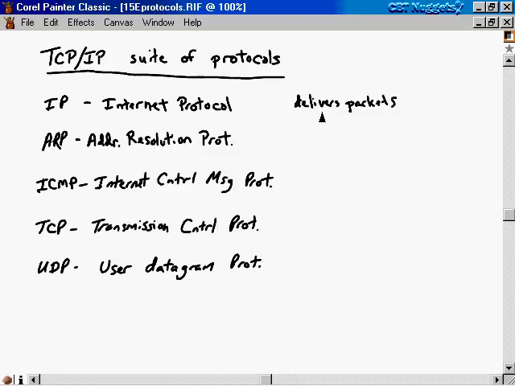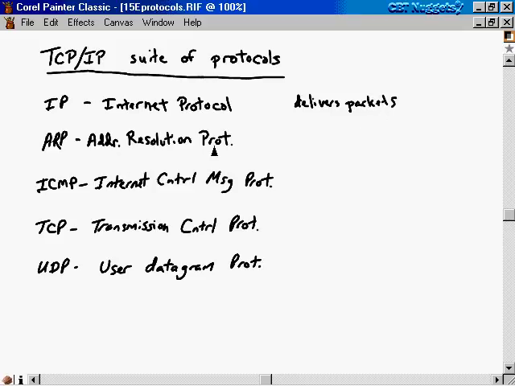But IP puts on each of those packets a header, and the header says where the packet's going, where it came from, and the order that the packet should be reassembled in so that the original message is preserved. But IP, the Internet Protocol, is only really responsible for delivering the packets, and it doesn't worry about the order of the packets and that sort of thing.